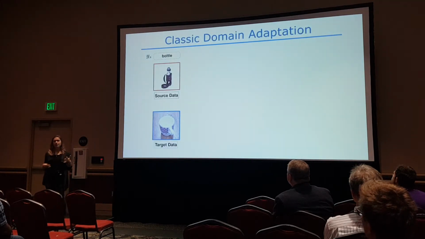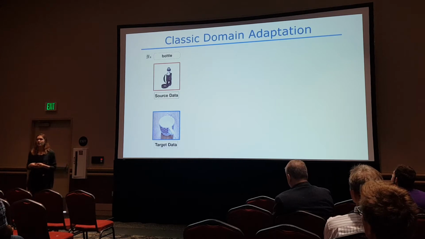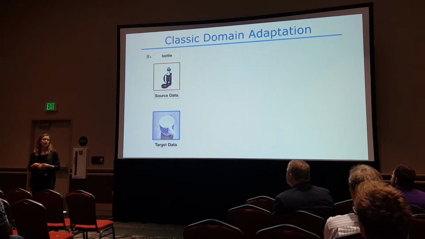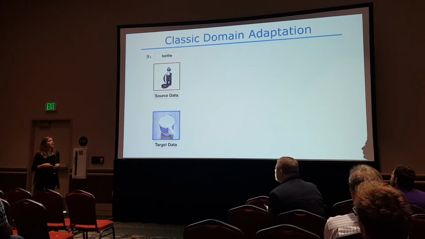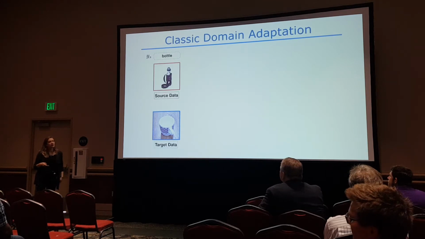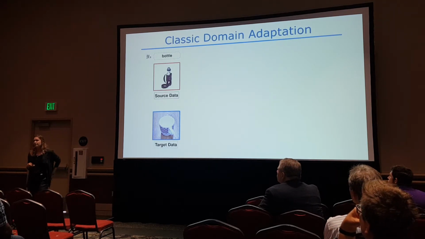So kind of the standard formulation, maybe 5+ years ago for domain adaptation in the computer vision community, is to have access to a large labeled source data set. Shown here is this product image, and then an unlabeled target data set.